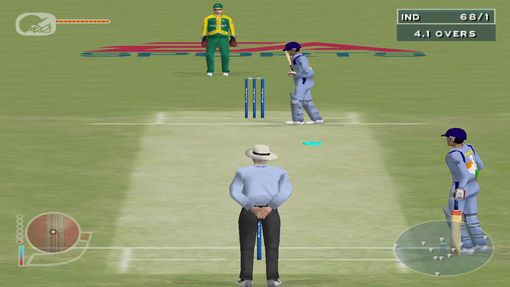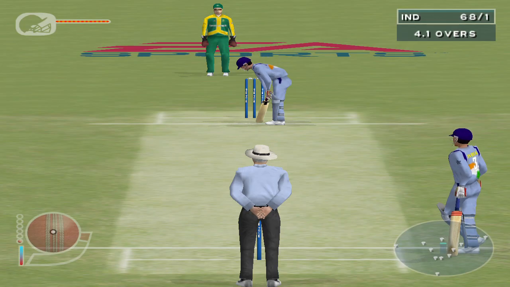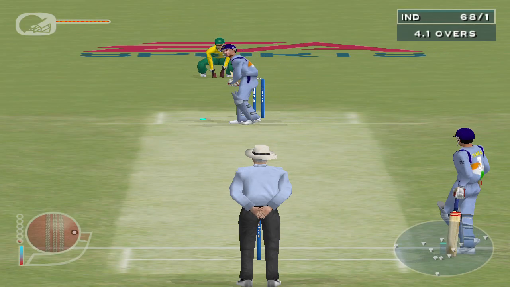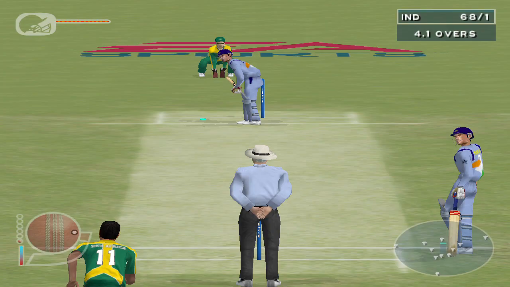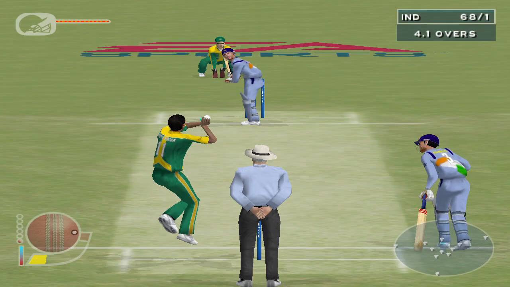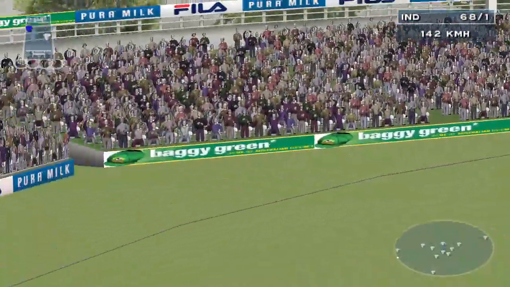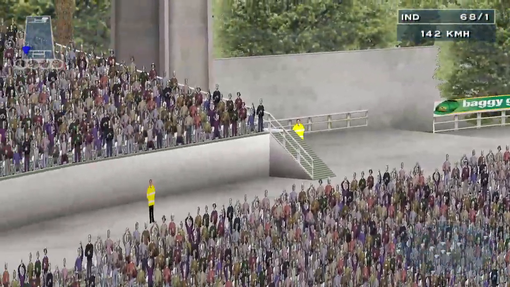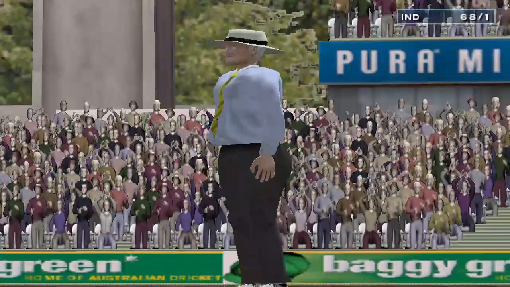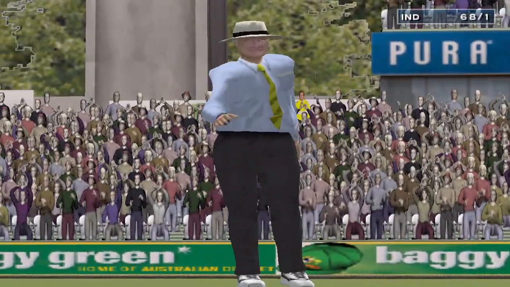There's just one there. He's taken the aerial route there. 4 runs. He was onto that in a flash. Well, he just got away with it. Risky shot. I'd recommend keeping the ball on the ground at this stage.